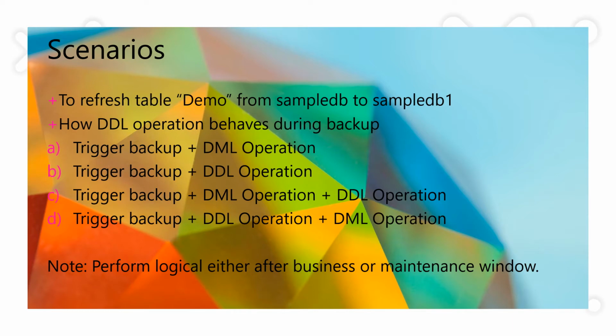So the question here is: if I start my backup at around 2 AM in the morning and end the backup at 4 AM, what records is the dump capturing? Is it the 2 AM snapshot or the 4 AM snapshot, or is it capturing whatever transactions are happening between 2 and 4? Let us see.